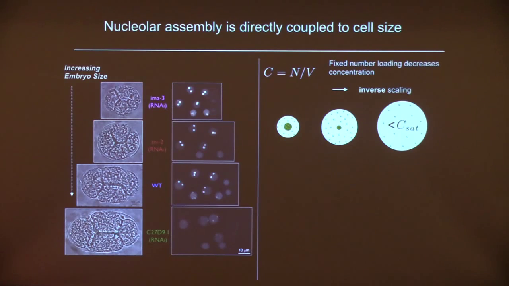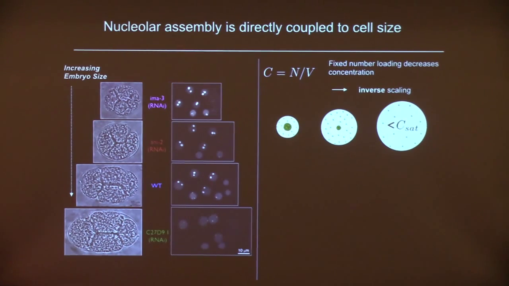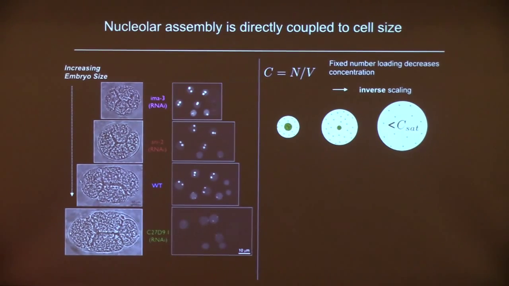But this structure, the nucleus and these nucleoli, those are loaded as intact units. So in that case the concentration is not fixed, the number of molecules is fixed, and then the concentration varies if we change how the worm is pinching off the bags, if it's making big bags or small bags. That's basically what it is.